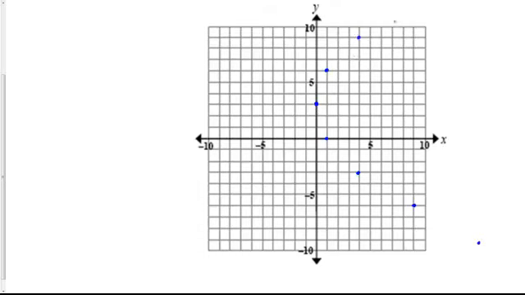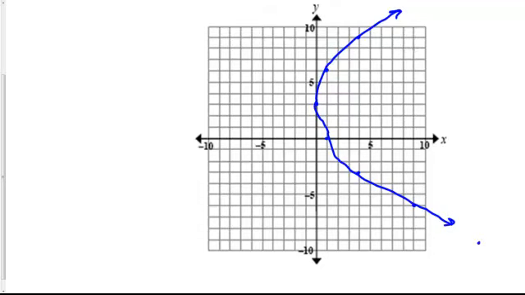So we have a curve of a parabola that opens up to the right. That looks something like this, and it continues on out. So this is the graph of those two parametric equations.